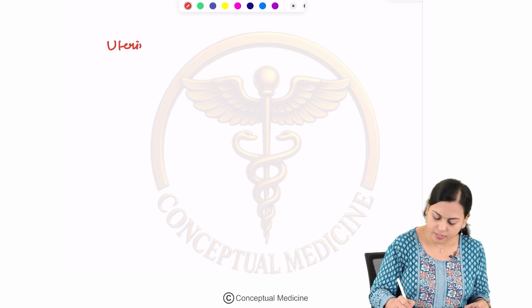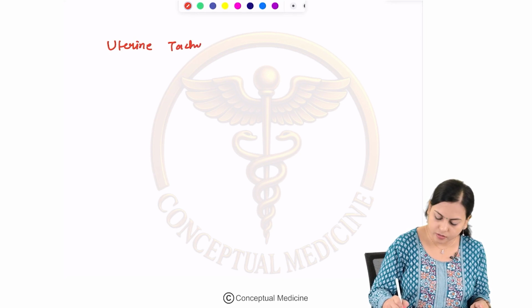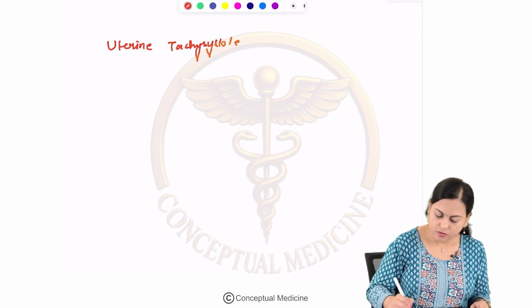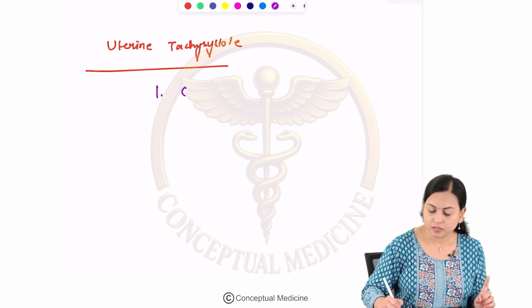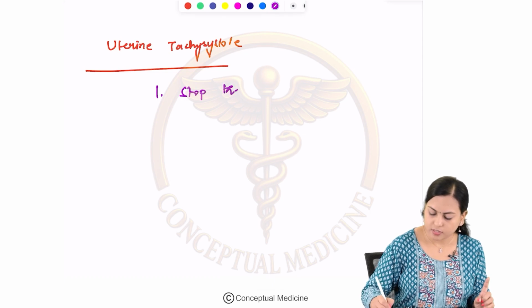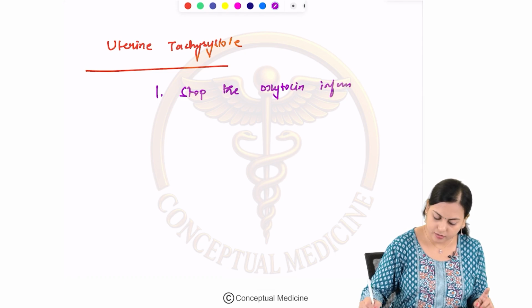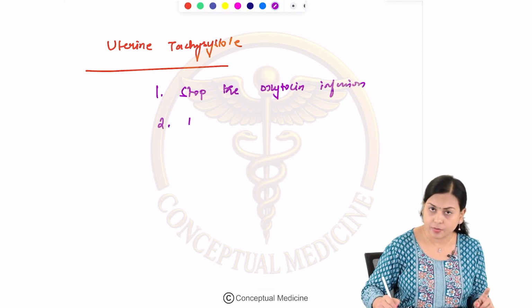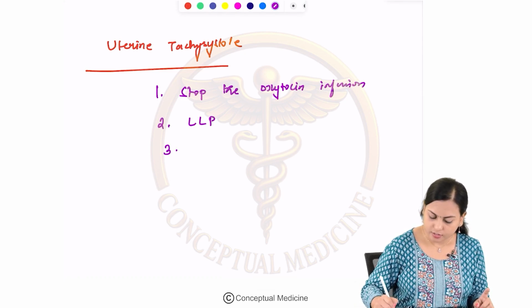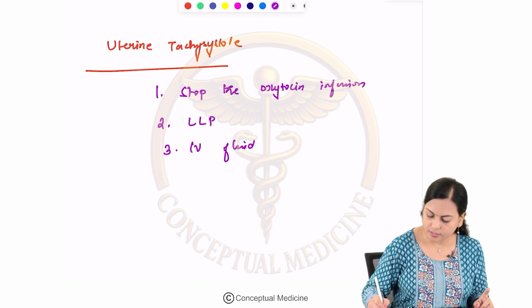So, when there is uterine tachysystole, you have to stop the oxytocin infusion first. Okay? Then you have to place the woman in the left lateral position. Then you have to give IV fluids. Okay?